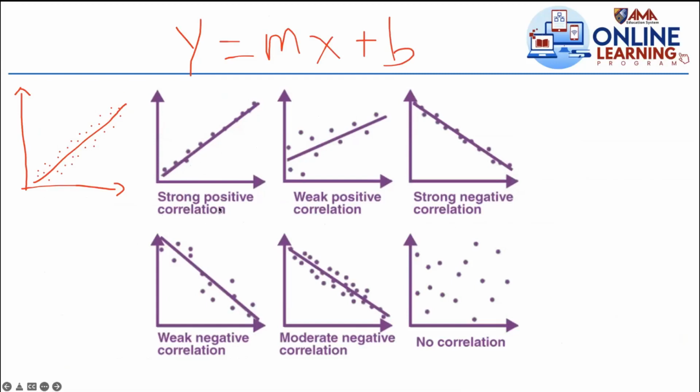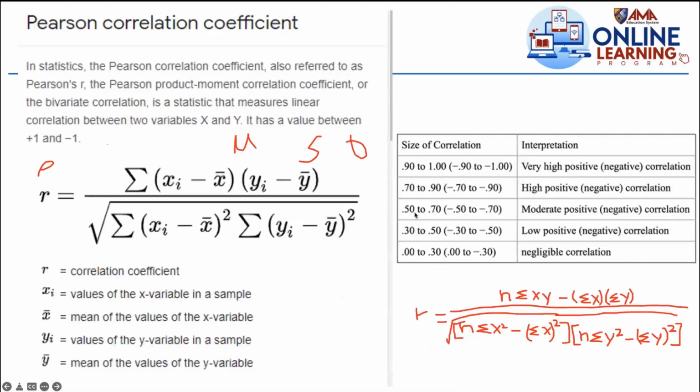Then numerically, you can correspond this to 0.7 to 1, and you can say strong positive correlation graphically. But of course, numerically there's a distinction: if you get something like this, you will say high positive correlation, and if you get something like this, very high. But how about the graph?